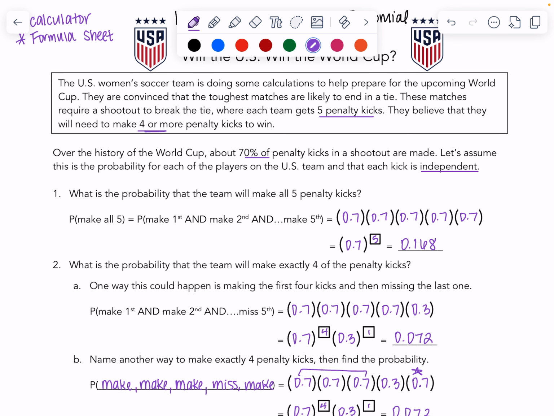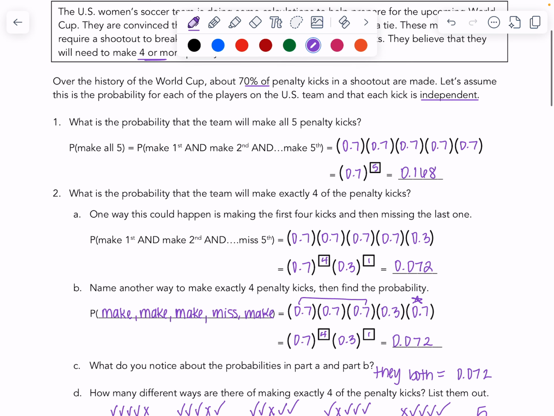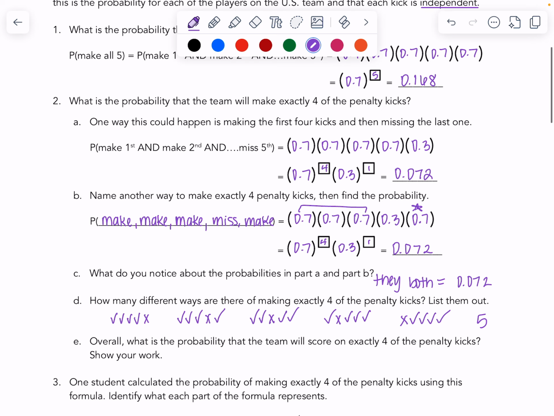We actually already calculated making all 5, because all 5 would work also. Overall, what is the probability that the team will score on exactly 4 of the penalty kicks? Show your work. We already showed our work for 2 of them, the 5th miss and the 4th miss.